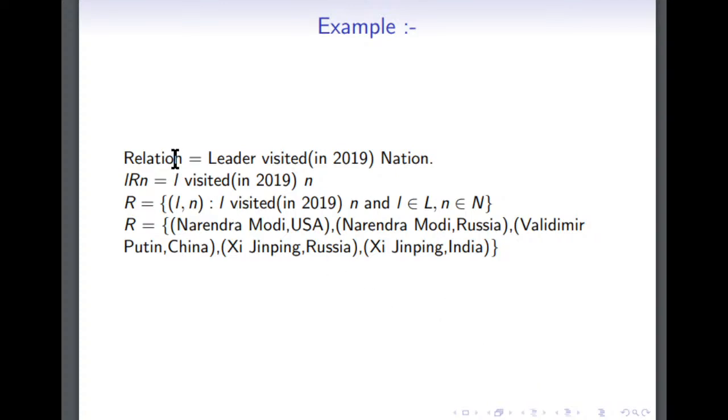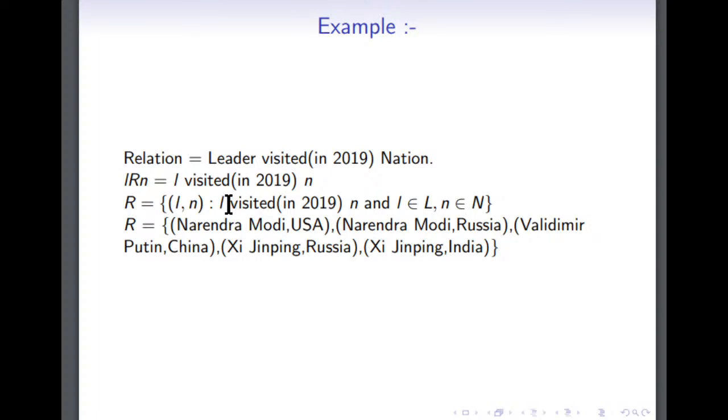My relation is: leader visited nation in 2019. I can represent it in the second form as L related to N, which I write when L visited N, meaning nation, in 2019. Another form of writing a relation is as a set of L comma N. All those pairs will be included in this relation such that, I am giving a condition.